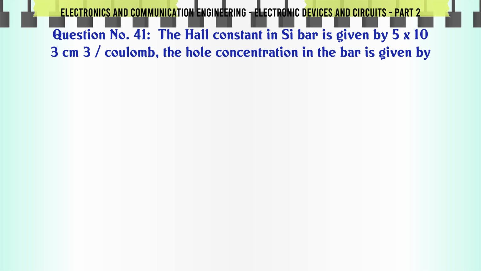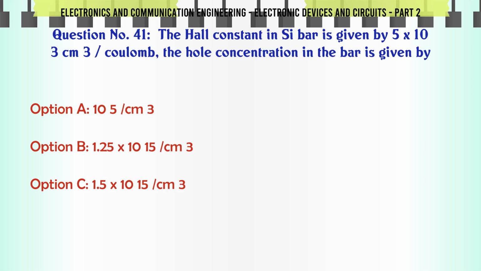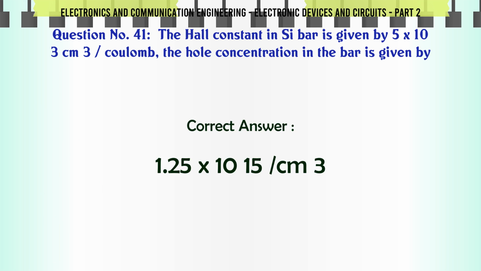The Hall constant in a Si bar is given by 5 x 10^3 cm^3/coulomb. The carrier concentration in the bar is: A, 10^15 per cm^3; B, 1.25 x 10^15 per cm^3; C, 1.5 x 10^15 per cm^3; D, 1.6 x 10^15 per cm^3. The correct answer is 1.25 x 10^15 per cm^3.